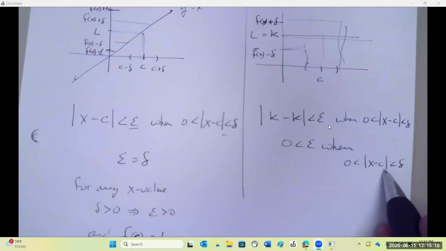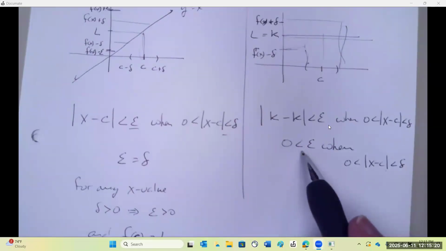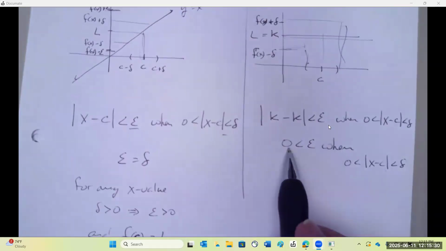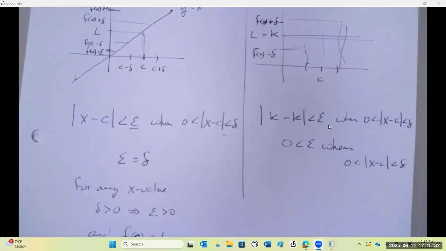So no matter how close we get to c, how far are we from our answer? We're at the answer. There is no distance away from there. So since that's true, no matter what x you pick, it's going to give us our answer. Next. So those are the simplest ones, the constant and the identity functions.